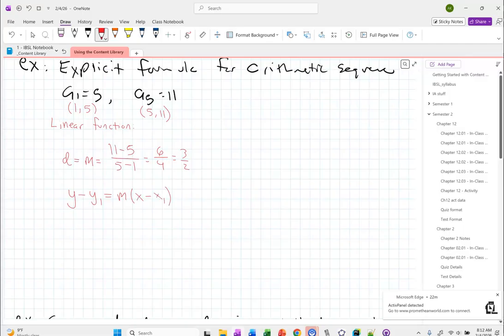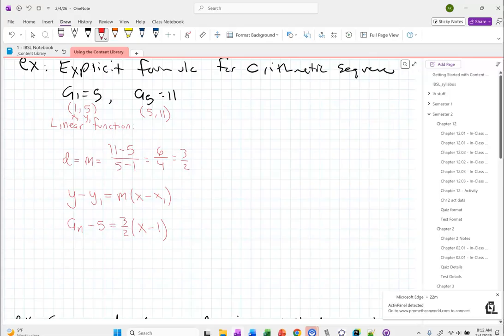Let's just take it back to basics here. So a sub n, and now y1. I have 2 points. Does it matter which one I use as y1? Nope. And then my x1 would be here. So I just chose to use this as x1, y1.